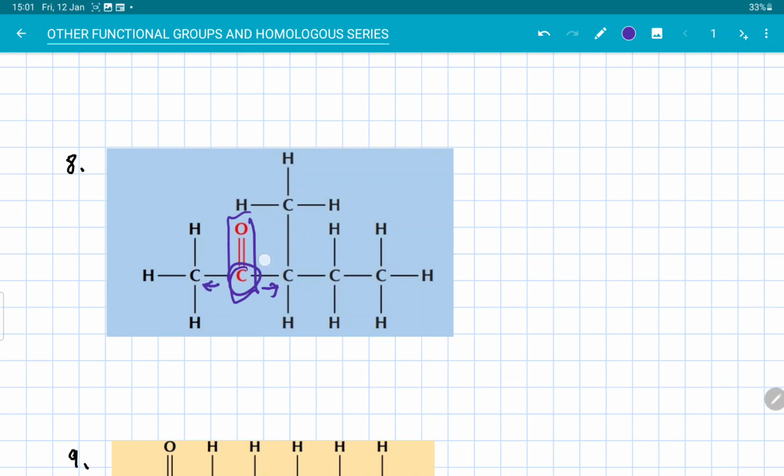That makes this a ketone, because in a ketone the C double bond O is attached to 2 carbon atoms. So again, apply the rules. The closest functional group must have the lowest number possible. Now we must mention the position, because for ketones we mention the position all the time. So 3, there's a methyl again.